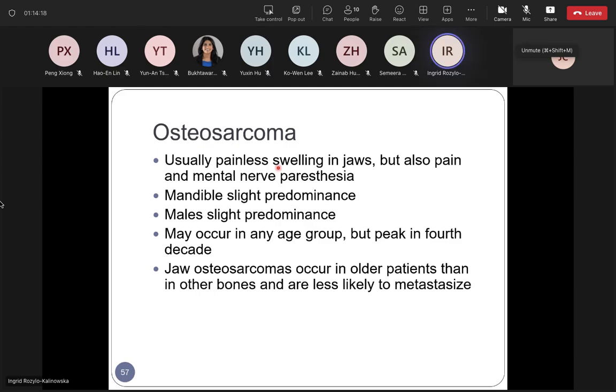And the tumor may produce pain, it may produce mental nerve paresthesia when infiltrating the nerve.